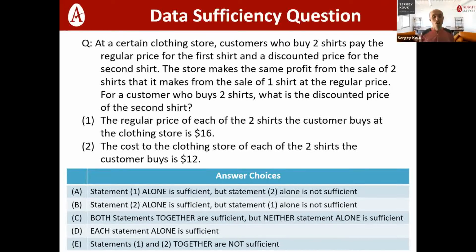So when you're looking at this question and you understand that, yes, I need statement one, but maybe statement two is not going to help, then you're going to choose A. Or if you realize that I need both of these statements, but individually they're not sufficient, then you're going to choose C. So that's how it works.